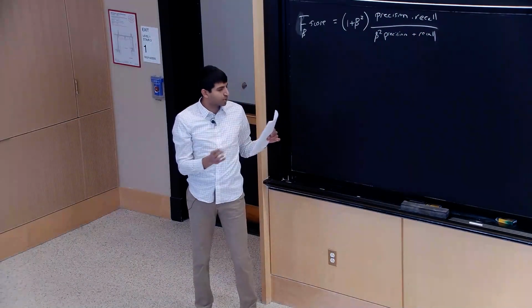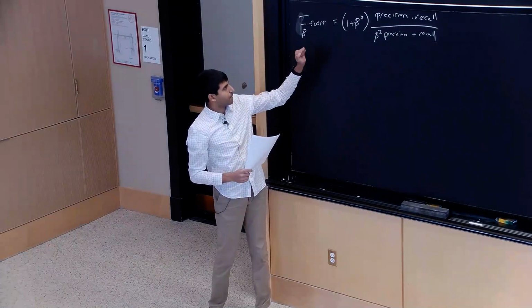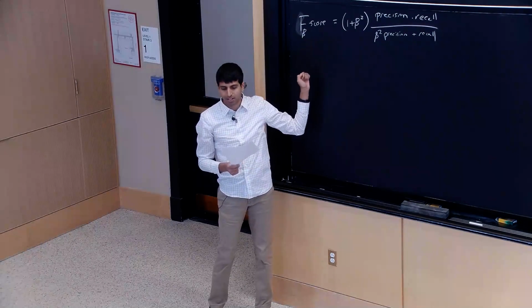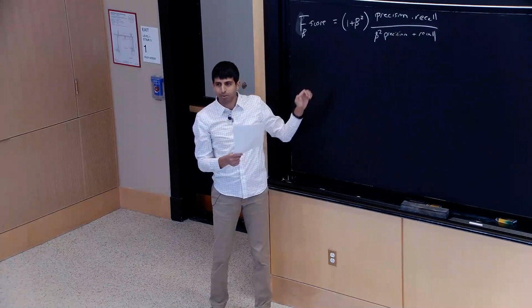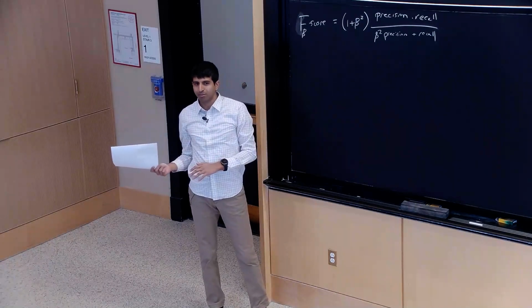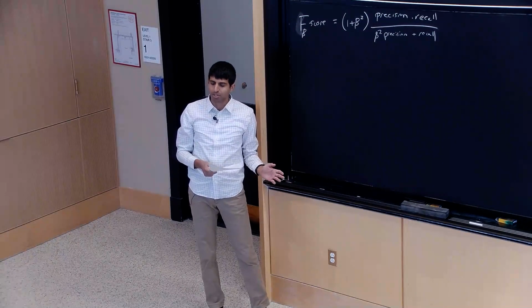It lets you smoothly trade off between precision and recall. If you select beta equals 1, this corresponds to the F-score, the harmonic mean of precision and recall. If beta is bigger than 1, that emphasizes recall more than precision. On the other side, if beta is smaller than 1, it emphasizes precision over recall.